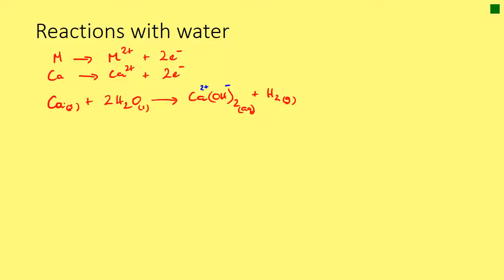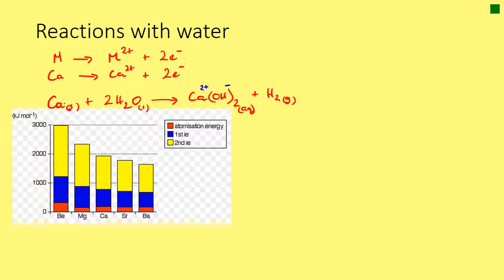In the previous video, you may remember, we looked at the energy that was required to make these group 2 2+ ions, and we saw the downward trend in energy. So the amount of energy required to remove the 2 electrons is less for barium, for example, than for beryllium.